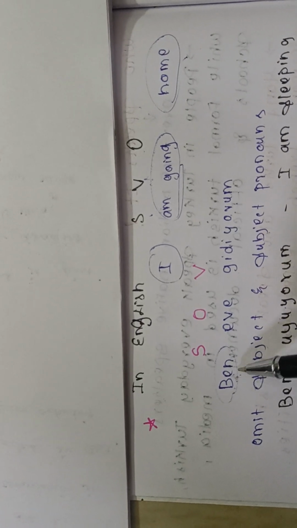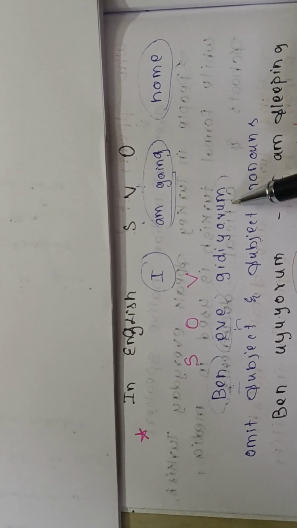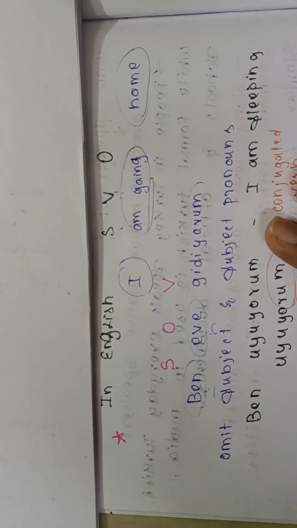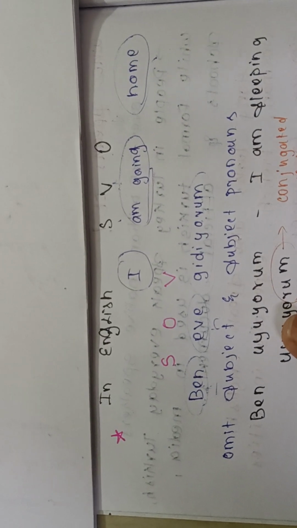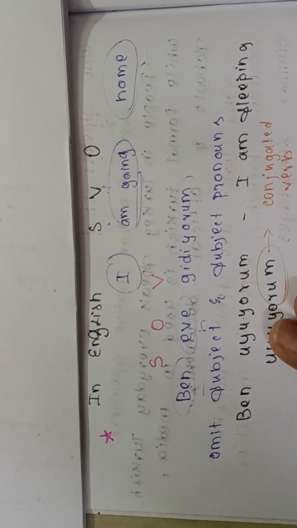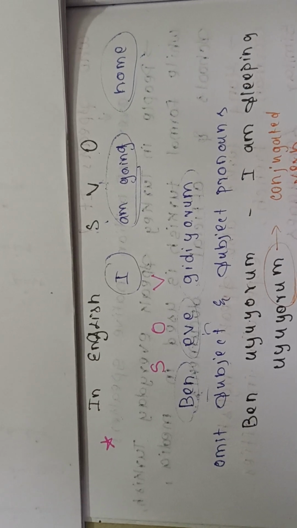Ben means I, eve means to home, and gidiyorum is your verb, going. Word for word it will be nonsense. And one more thing, this SOV order is flexible.